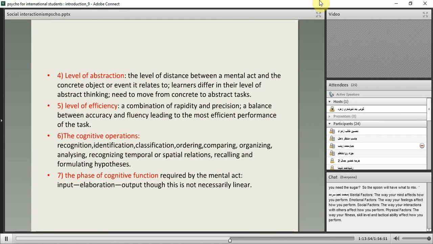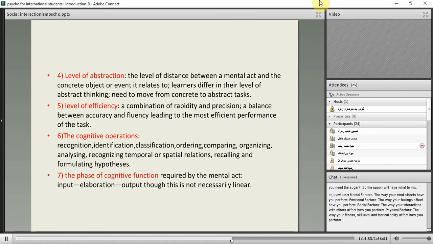So we should be careful to move from concrete information to abstract information. First, ask the students to get involved in problem solving which is more concrete than abstract, right? For example, in teaching grammar, provide them with example sentences rather than just grammatical explanations. This is what we mean by level of abstraction.